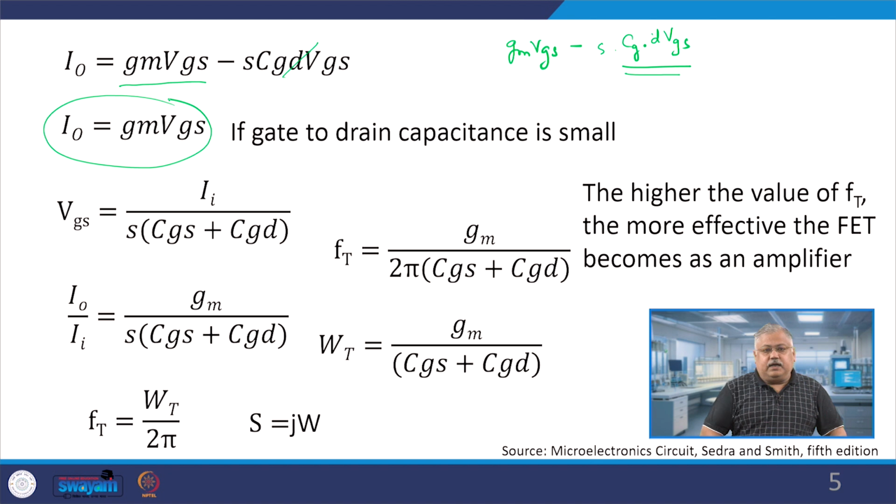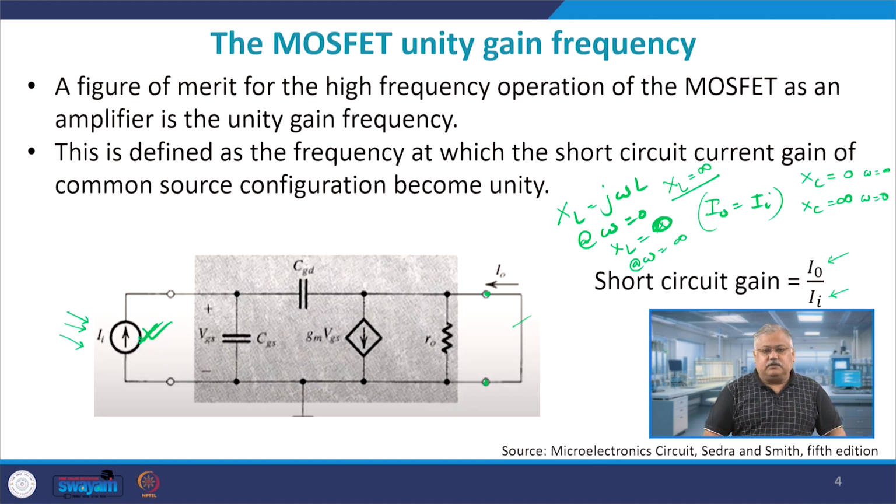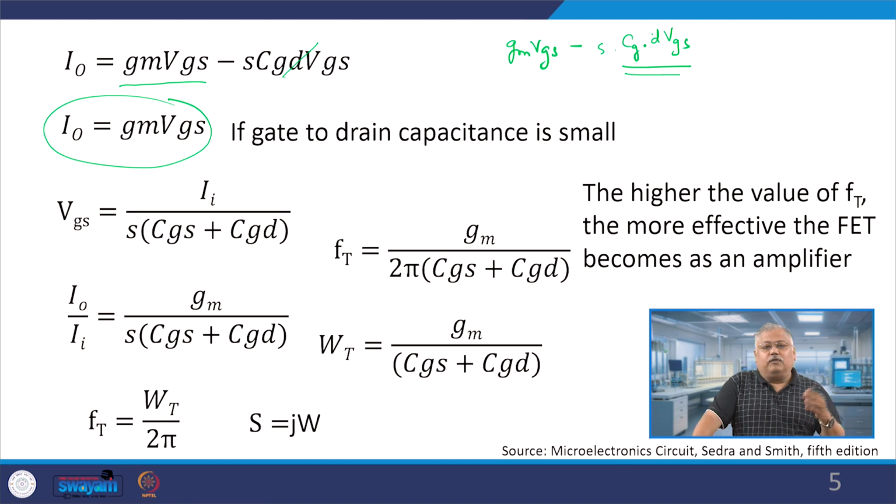What is gate to drain capacitance? Remember, gate to drain capacitance is basically this one, if you look carefully. This can only happen when you have a large amount of overlap between gate and drain.